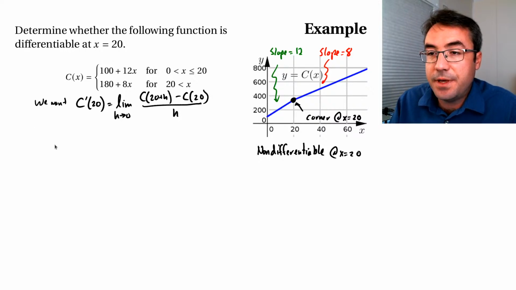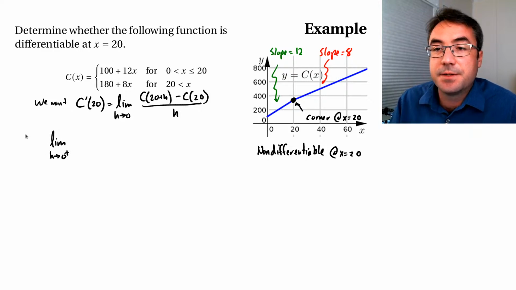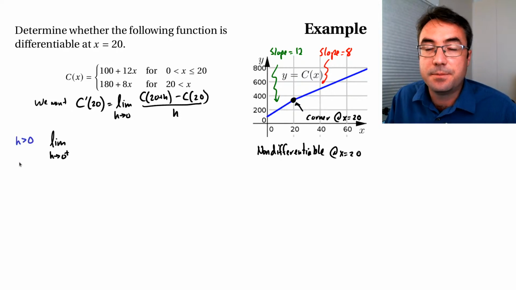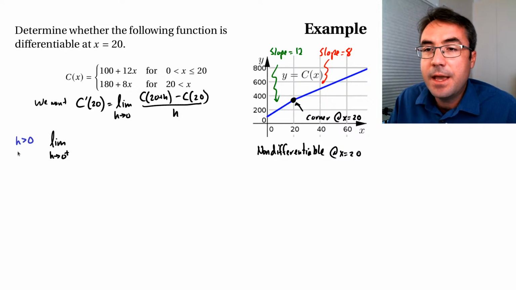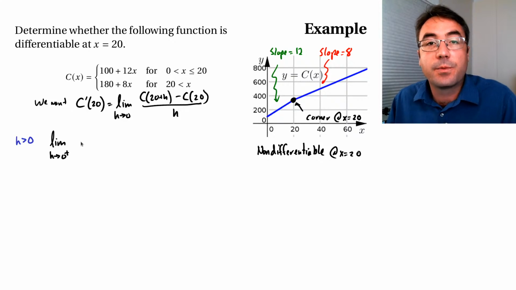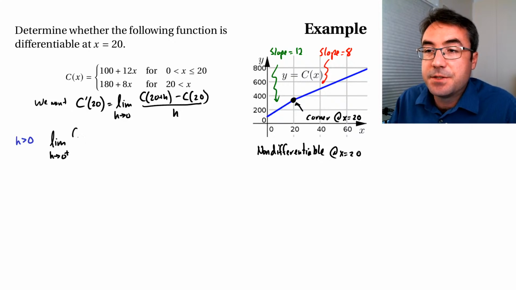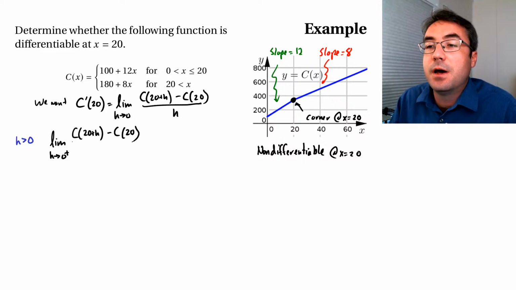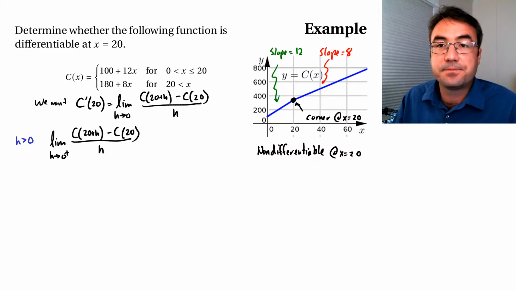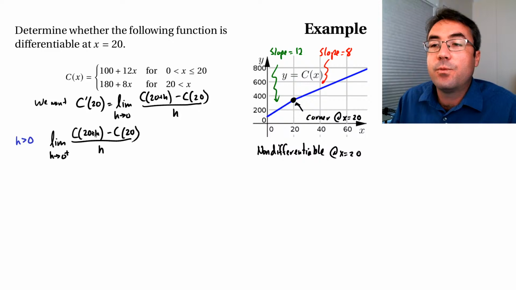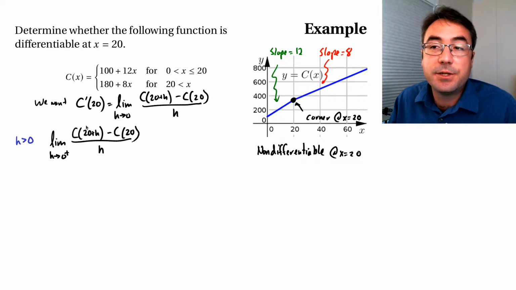Let's start with the limit as h goes to 0 from the right. This is where h is just a little bit bigger than 0. Let's fill in the rest of our limit: c of 20 plus h minus c of 20, all over h. We want to see what happens when we plug in 20 plus h and 20 into our function.